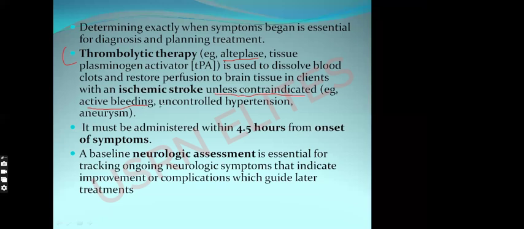And once one has uncontrolled hypertension, like hypertensive emergencies, where systolic blood pressure is above 180 and diastolic above 120, that's highly uncontrolled blood pressure. You wouldn't want to give thrombolytic therapy. It's a clear contraindication.